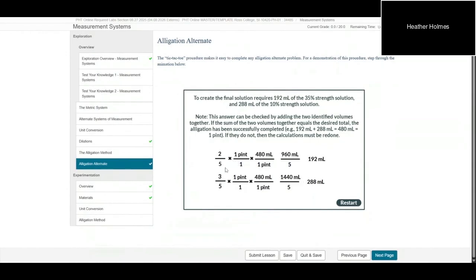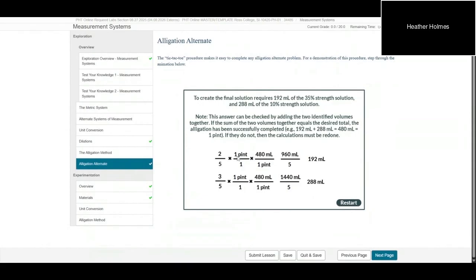So when we set that up, it's going to be the 2/5, and it's going to be 1 pint over 1, because you have to keep everything as a fraction. And then you would multiply it by 480 over 1 pint. And we get the 480 from that little cheat sheet I told you to go to. It will have this information on it.